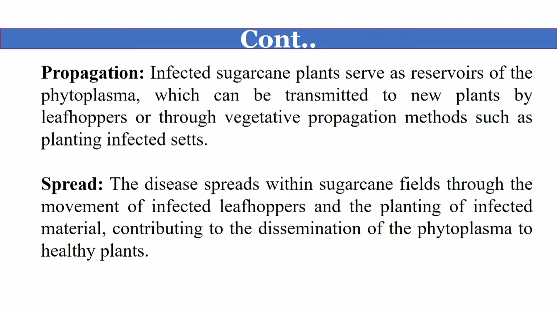If you are planting direct cuttings of infected plant sets, or through other propagating materials, it may also spread. And the disease spreads within the sugarcane field through the movement of infected leafhoppers and planting of infected material, contributing to the dissemination of the phytoplasma to healthy plants.